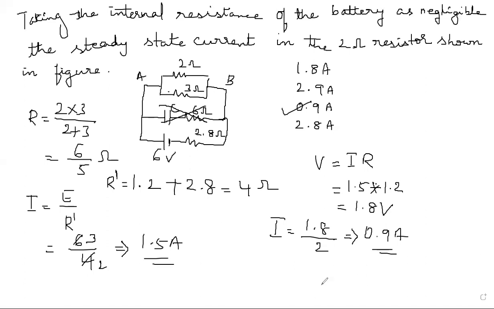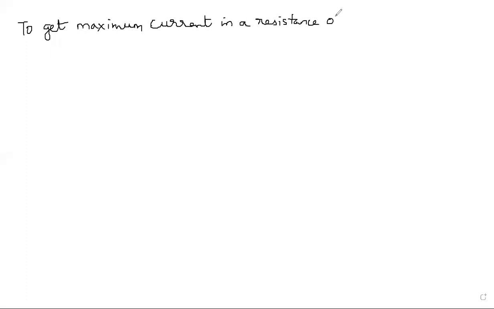Okay. So next problem: to get maximum current in a resistance of 3 ohm, one can use n rows of m cells.